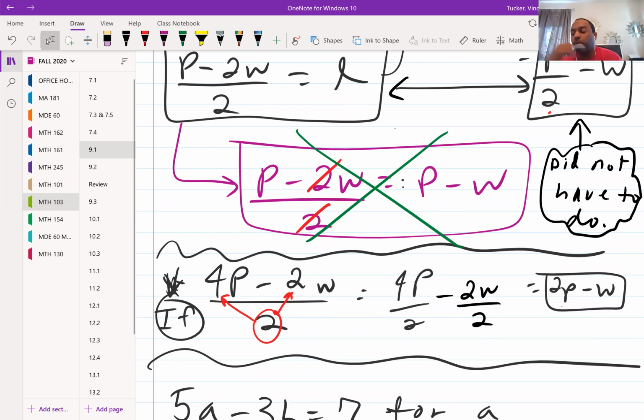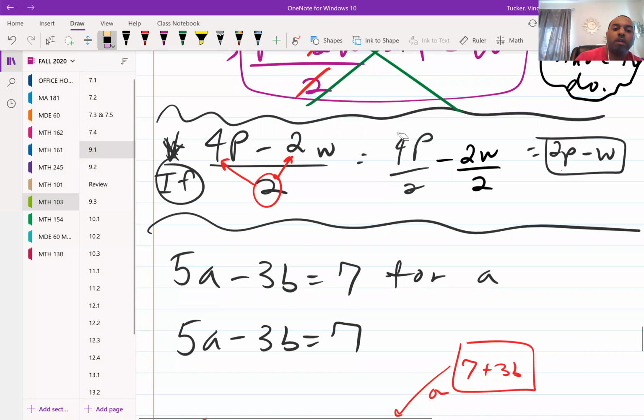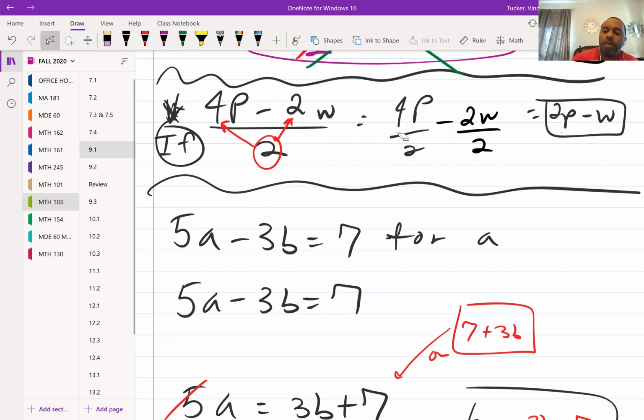All right, questions. All right, so next one, 5a minus 3b equal to 7. And we want to solve for a. The first thing I would do is add 3b to both sides.